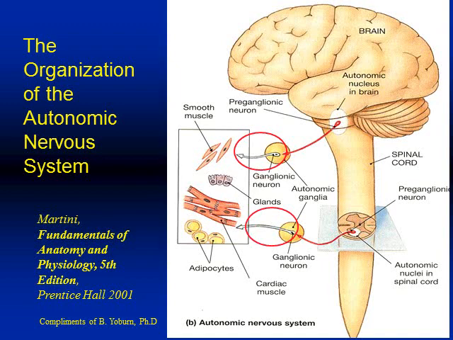So the first fiber coming out of the central nervous system, depicted for you here by the red neuron coming out of the CNS, has its cell body in the CNS, but its axon terminus is in the ganglion, which is close to the CNS, but aside from it.